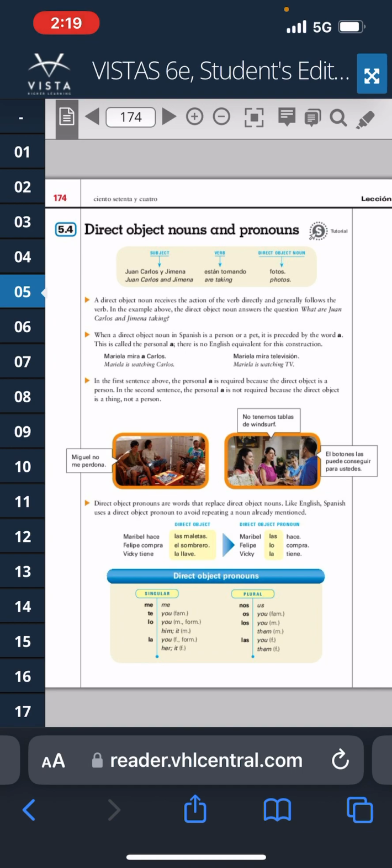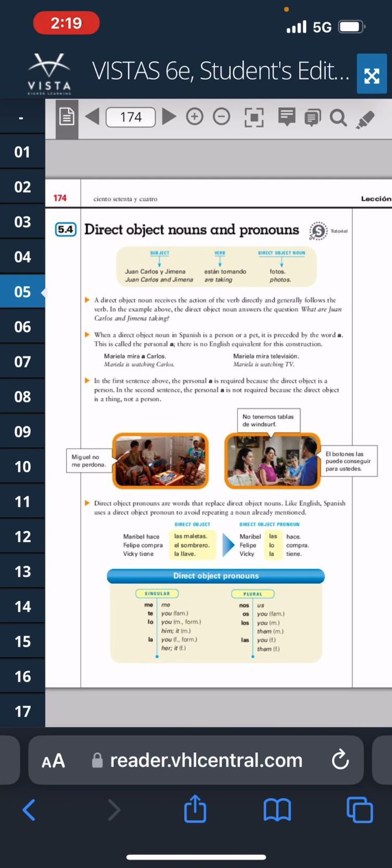Vicky tiene la llave. Those are the direct objects. The direct object pronouns are las, lo, and la. Maribe las hace. Felipe lo comprará. Vicky la tiene.